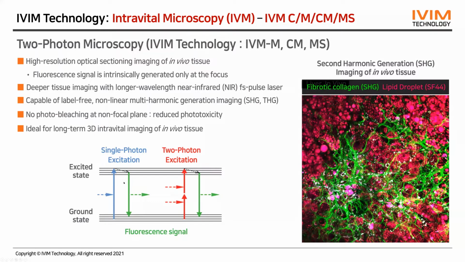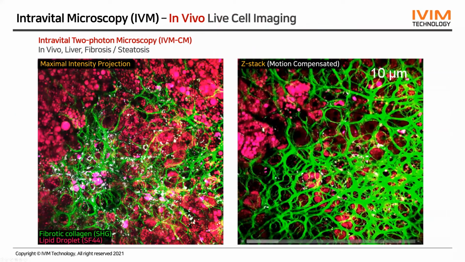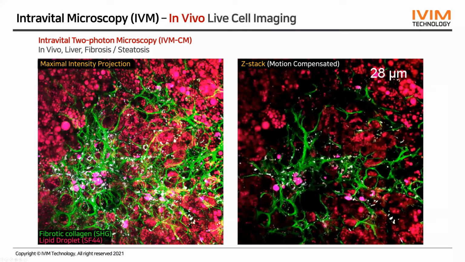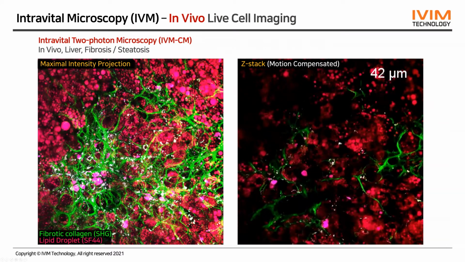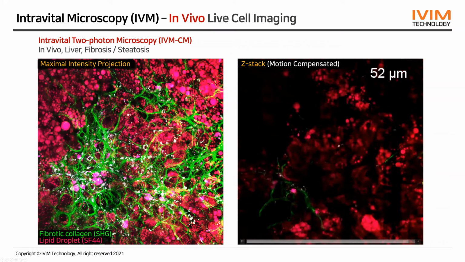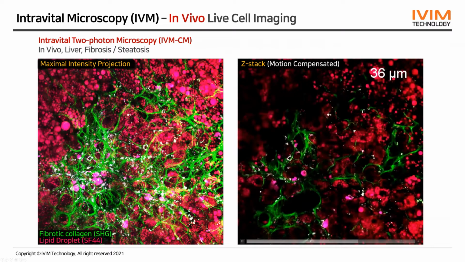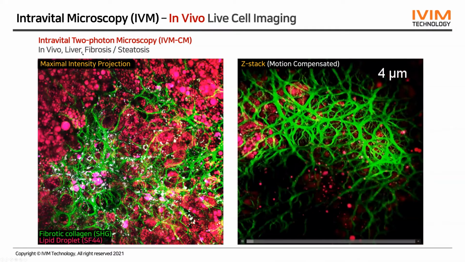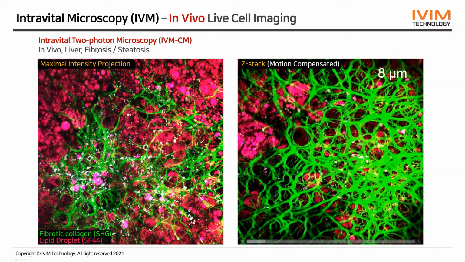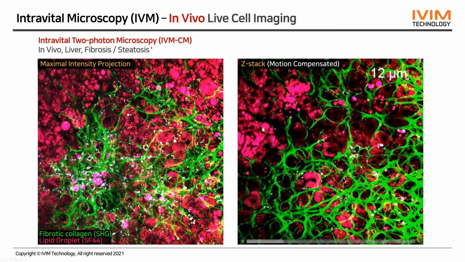This is the maximum intensity projection image from the Z-stack data, a 2 micrometer interval Z-stack obtained from the liver of a live animal model of fibrosis and steatosis.